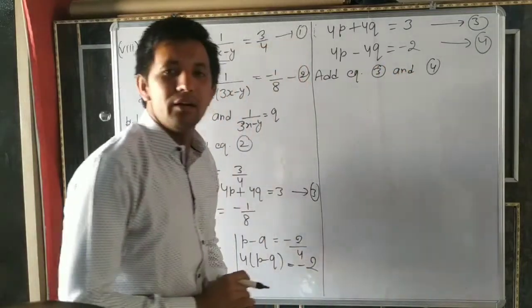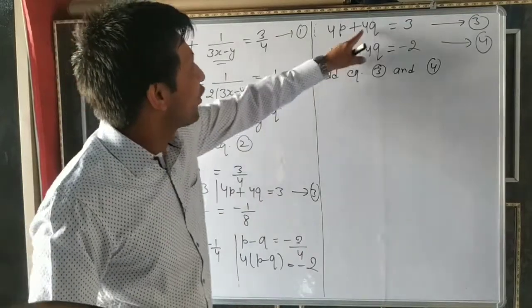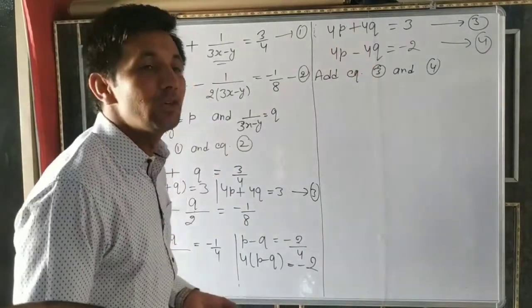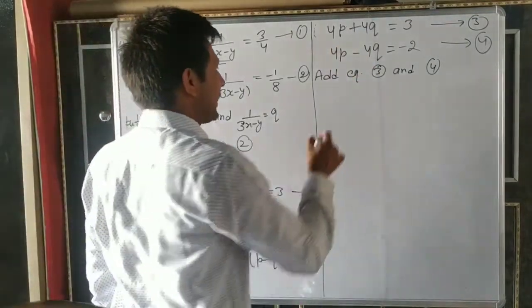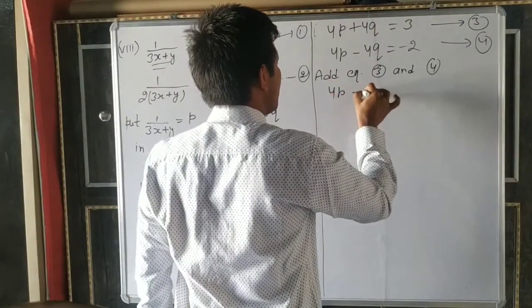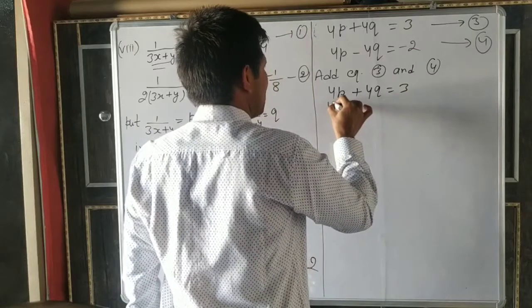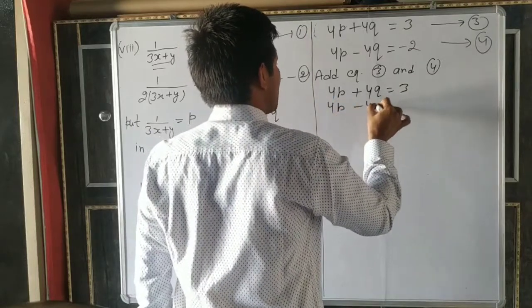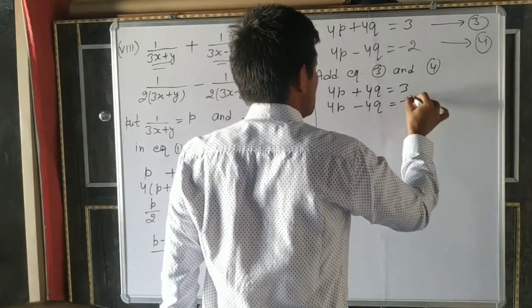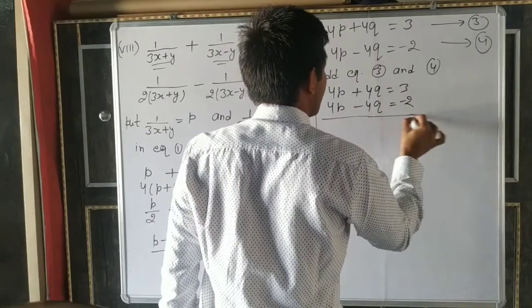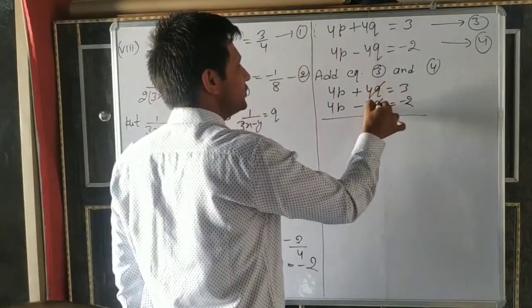Do you understand? Yes, because 4q minus 4q becomes 0, because we want to remove one variable. We are doing it by the elimination method. Any method you can use: cross multiplication method, elimination method, or substitution method. Adding, 4q minus 4q is 0.